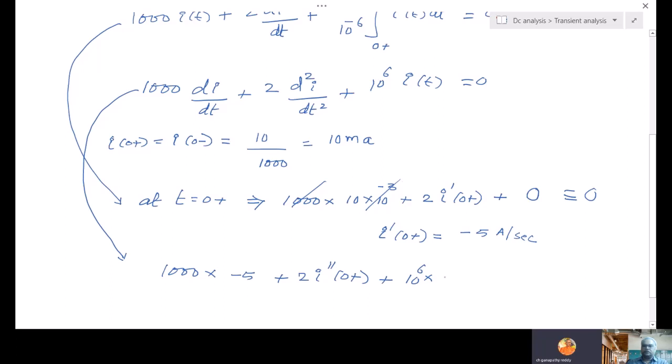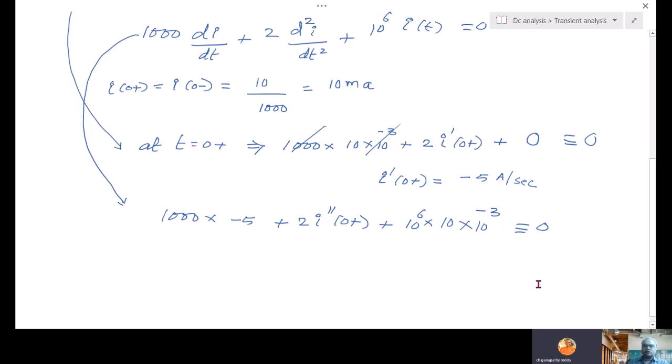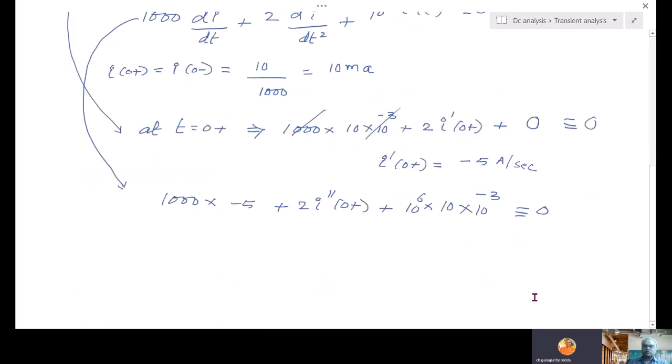What is I0 plus? 10 milliamps, 10 into 10 power minus 3, equal to 0. So what we want here is to solve for I double prime.